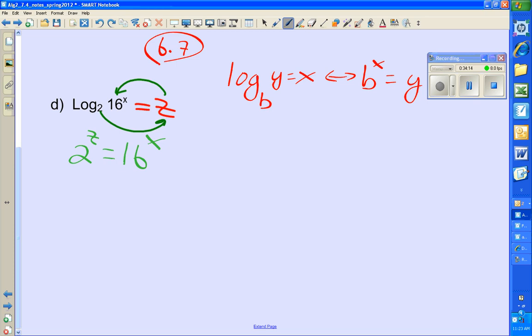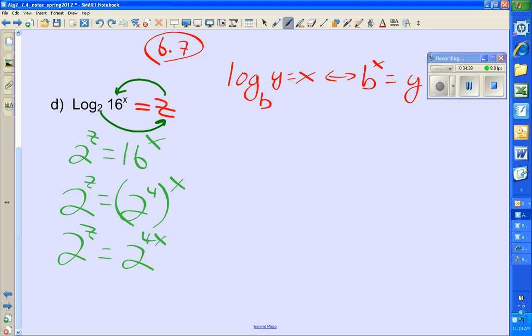What's another way to write 16? 2 to the 4th. Carlton, how does 2 to the 4th to the x simplify? Much thinking. How does 2 to the 4th to the x simplify? 2 to the 4x. That's all we want to do.